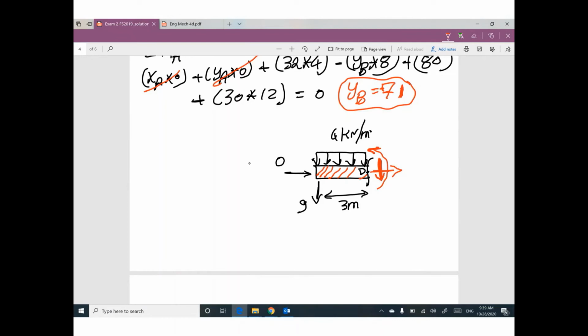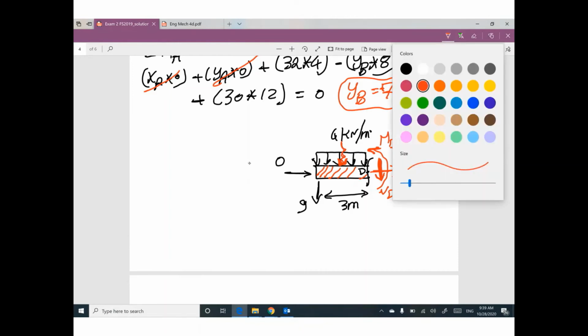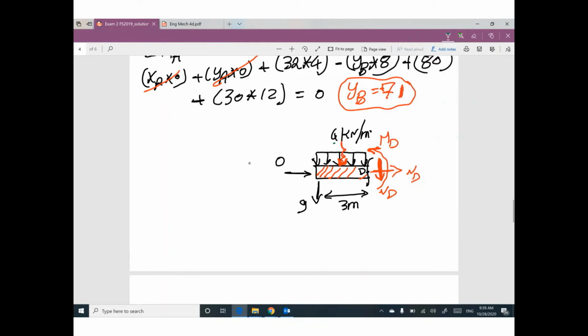So we have MD, we have ND, we have VD. This little part of the distributed load will have an equivalent. If you have any distributed load, you have to figure out the equivalent value. The equivalent value will be 4 times 3, 12. And this distance will be 1.5, and this distance will be 1.5.